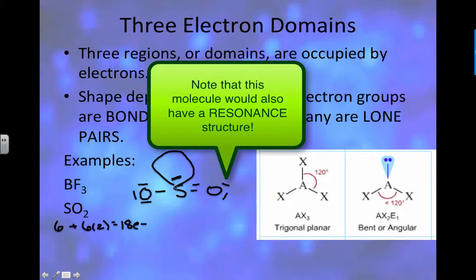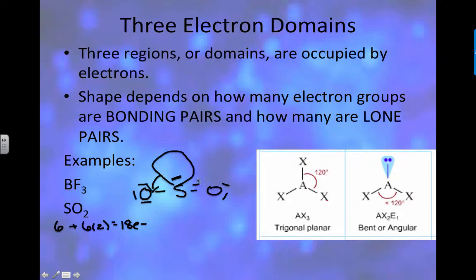So we call this bent because these electrons that are non-bonding are going to push the bonding electrons so that our shape ends up being more like this. So the sulfur and the oxygen angle gets squished by the lone pair that's up here on top, and then this will be less than 120 degrees. So there's sulfur dioxide.